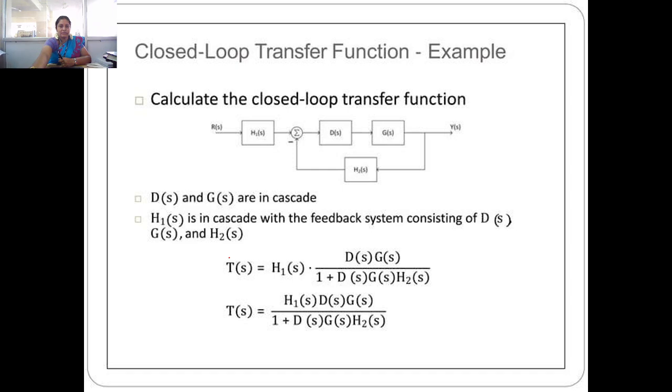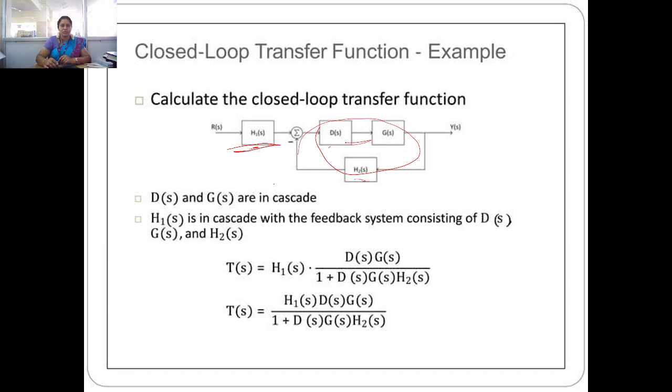And next one is simply closed loop systems. Here is your H2(s) equal to some value, this is your gain, and this is your feedback. All is connected together, and we first have to simplify these blocks.